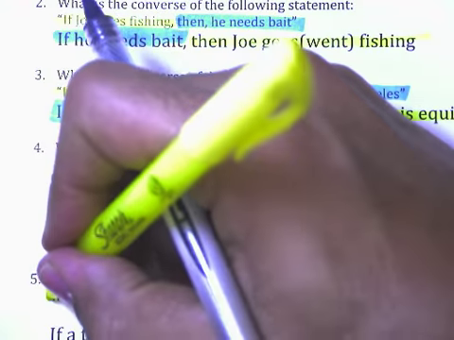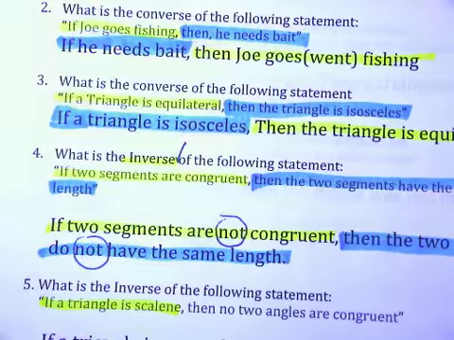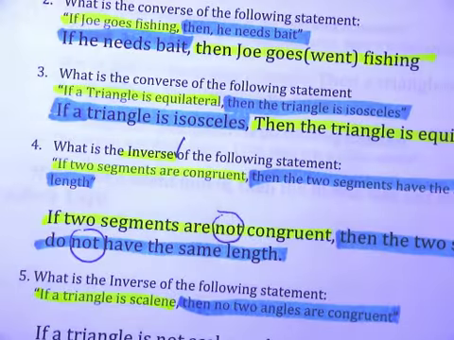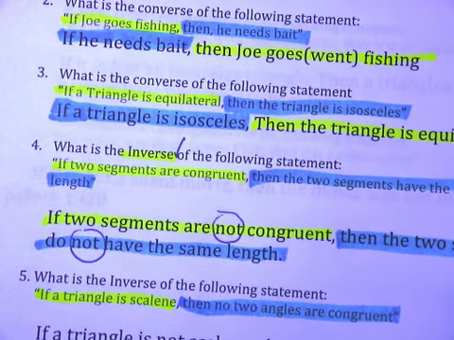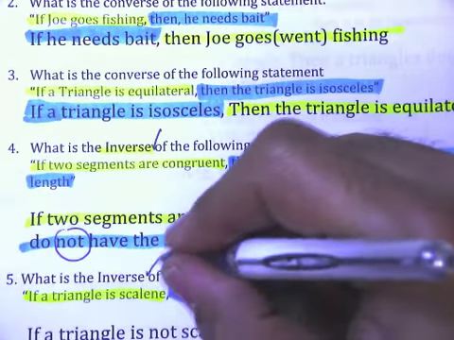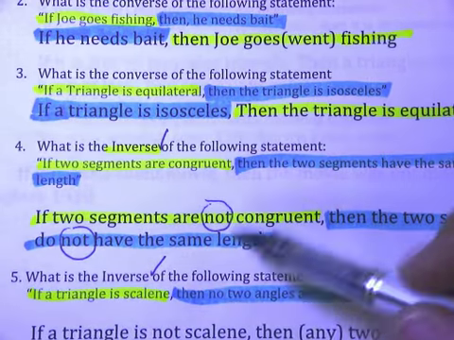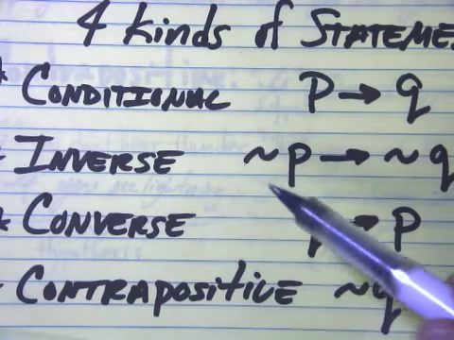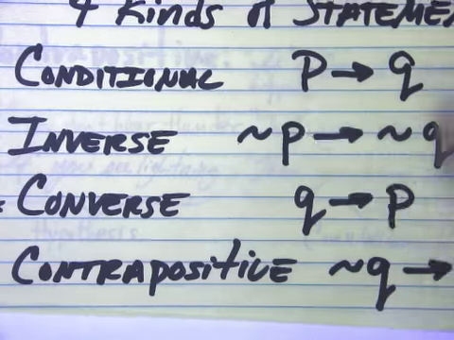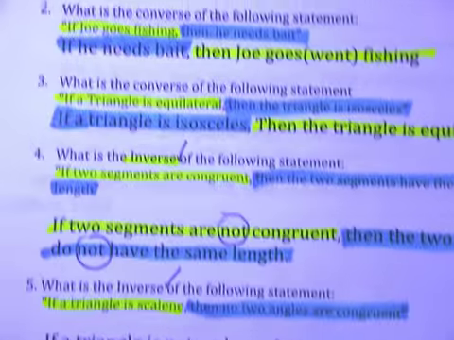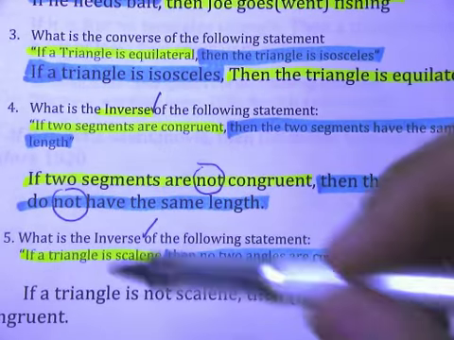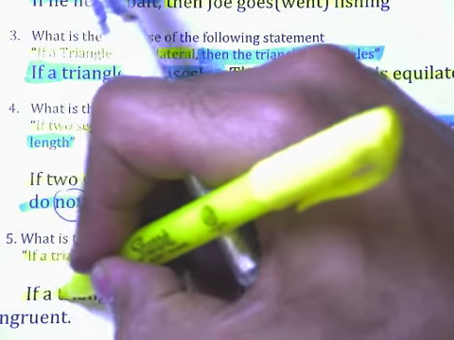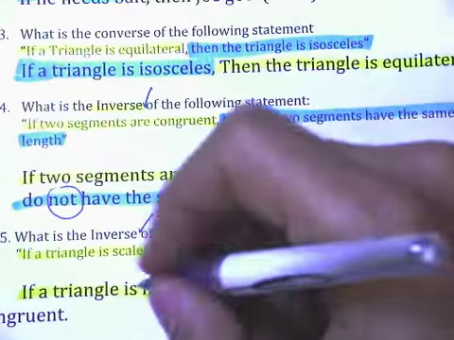Let's take a look at number 5. They want to know what the inverse is of: if a triangle is scalene, then no two angles are congruent. Again, they want the inverse. So am I going to switch my P and Q? No, I'm just going to negate them. Notice that the inverse is just negation P, negation Q. So what's the negation of if a triangle is scalene?